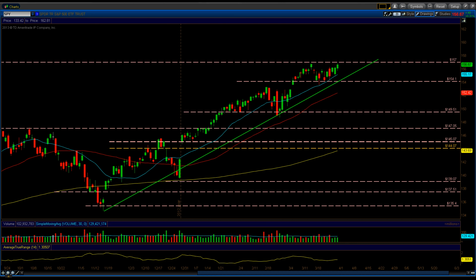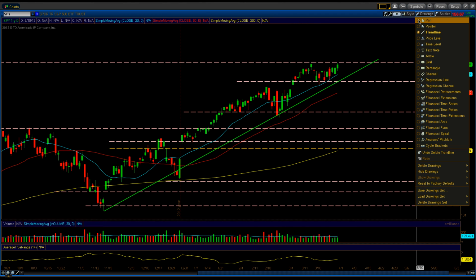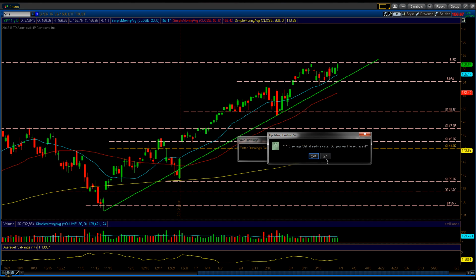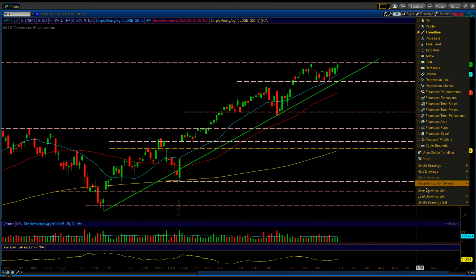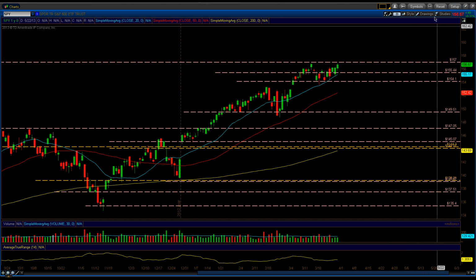Alright, so let's get started here. As you can see, there's a lot less lines on this chart here. Let me just save this. The reason I did that, and it may not look like it now, but let me just load what it used to be. Yeah, it's not that much of a difference, is it?